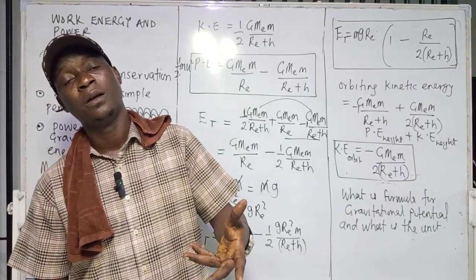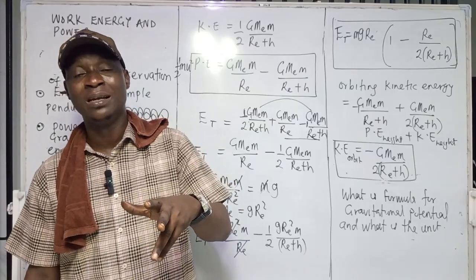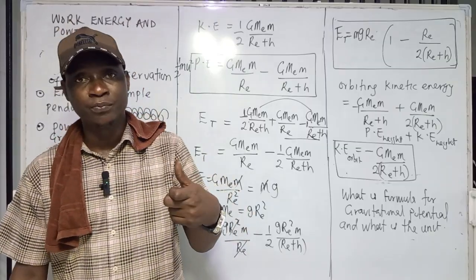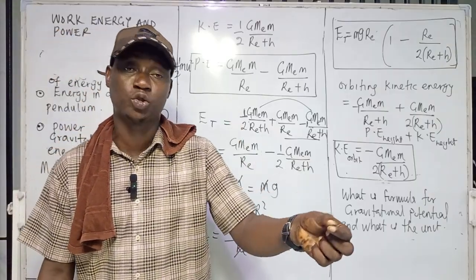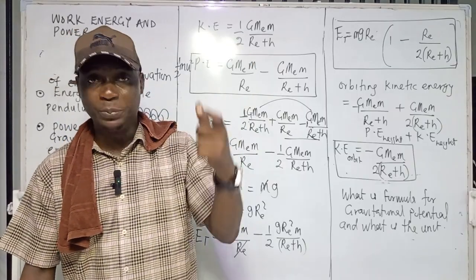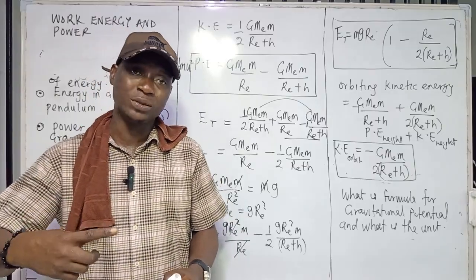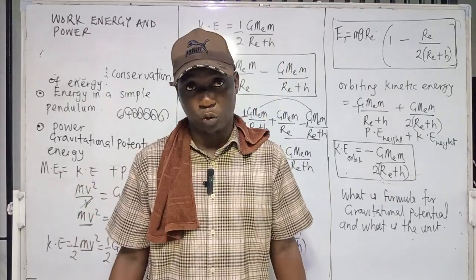Conservative forces are forces that act on a body and move it round a trip so that the work done is equal to zero. That means they act on the body and move it round a trip, making the work done equal to zero.